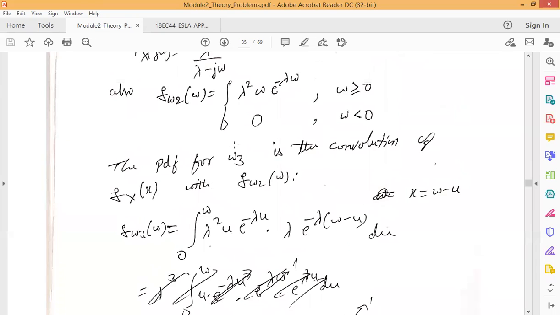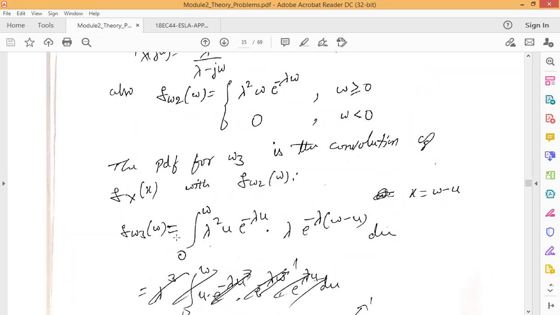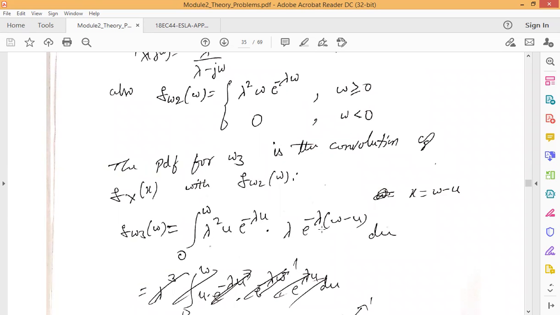Here we have lambda square w e to the power minus lambda w, but instead of w we are just changing the notation to u for convenience, because whenever you convolve it will give a new value, and to differentiate that we change the notation. So within the integral we write lambda square u e to the power minus lambda u into lambda e to the power minus lambda x, where x is replaced as w minus u.